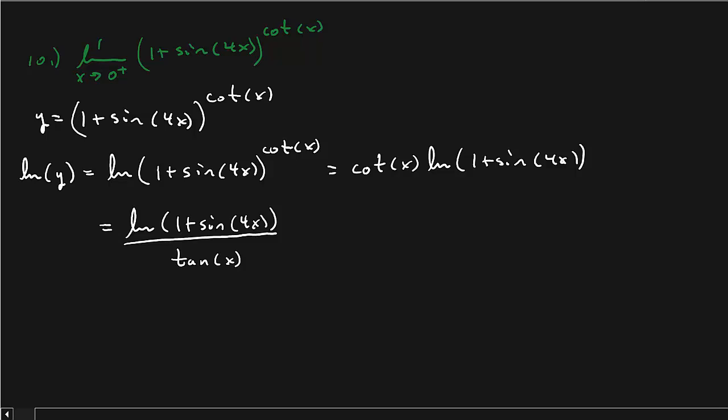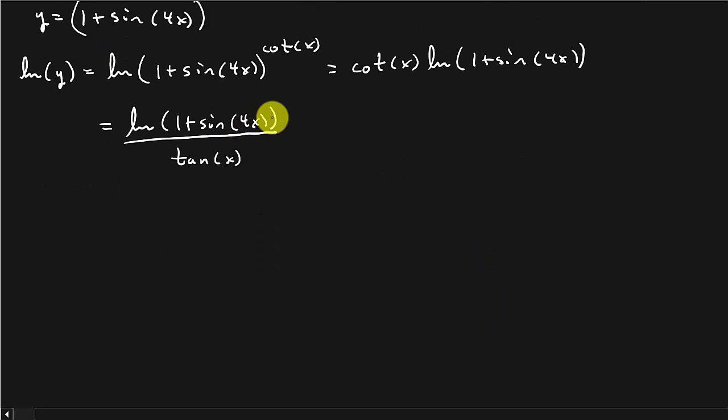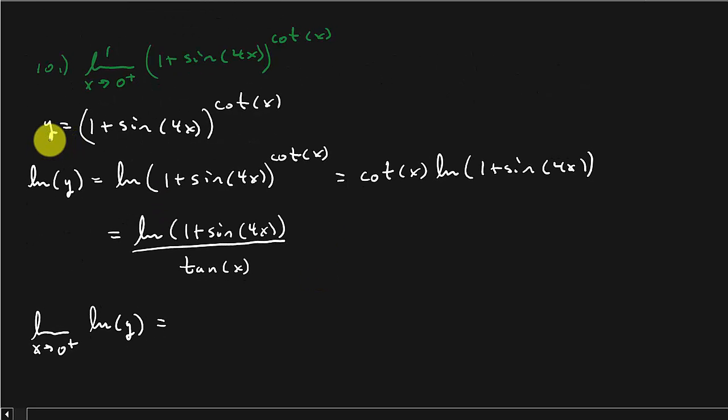So remember, I got 0 over 0. What I want to do now is take the limit as x goes to 0 from the right of natural log y. Now, why am I doing the natural log of y? Why not just y? Well, you'll see in a minute.